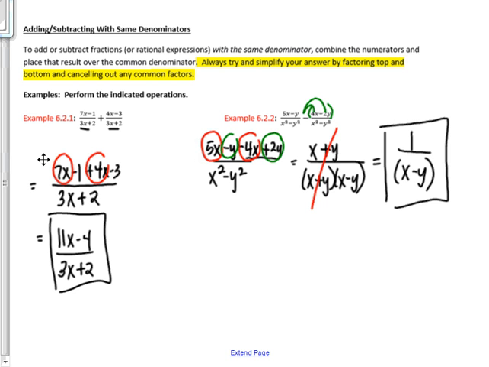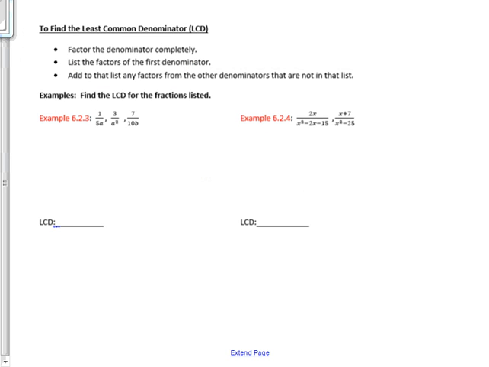Most of the time we get different denominators, which means we're going to have to find a common denominator. Now we'll look at how to find a common denominator real quick, and then we'll go do the problems. I kind of gave you some guidelines to go by, but this first one's really easy. I've got 5a, a squared, and 10b. Do your numbers first. 5 and 10, what's my common denominator?